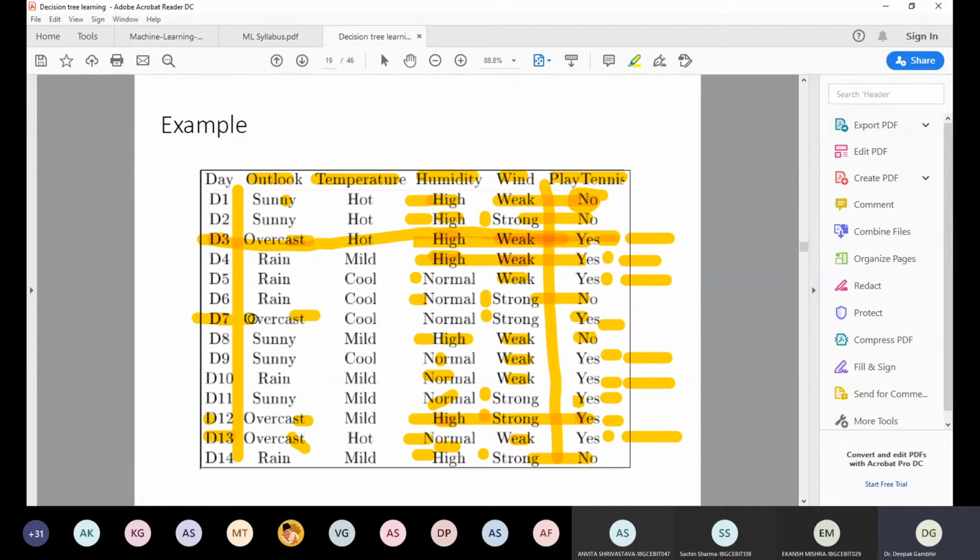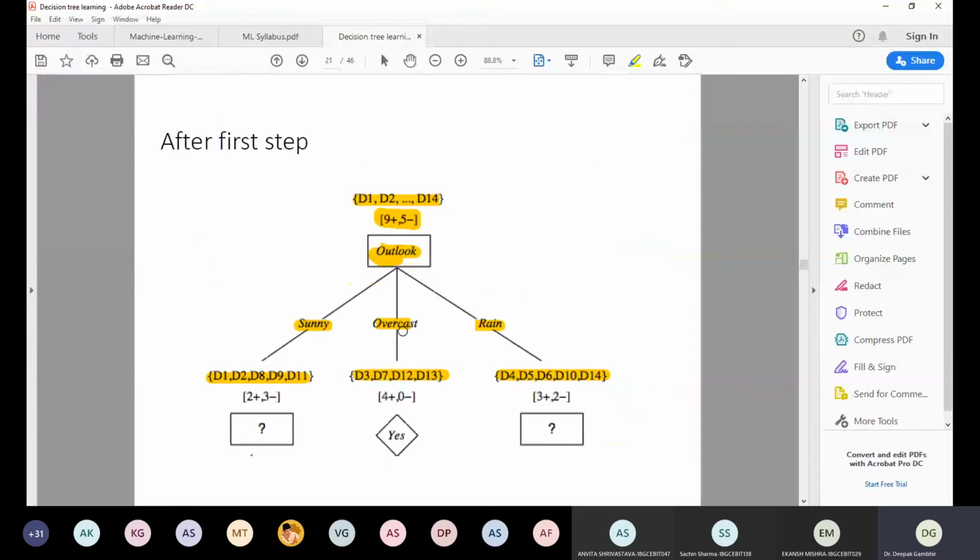On day 7, overcast outlook results in play tennis yes. Day 12, outlook overcast, play tennis yes. Day 13, overcast yes. So in the case of overcast, the output is yes. There are 4 positive cases and no negative case.